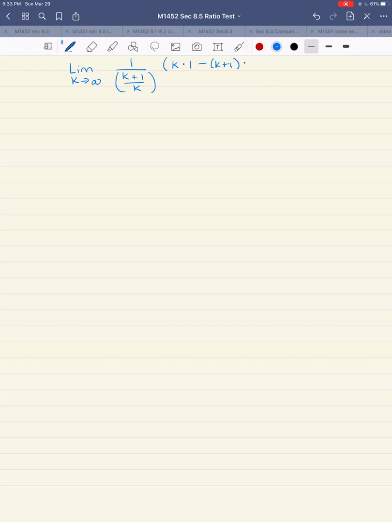So it's bottom times the derivative of the top minus the top times the derivative of the bottom over the bottom squared. Then I'm taking the derivative of the bottom. The bottom term in that test was a 1 over k. The derivative of that is negative 1 over k squared. And all of that is equal to the natural log of L.